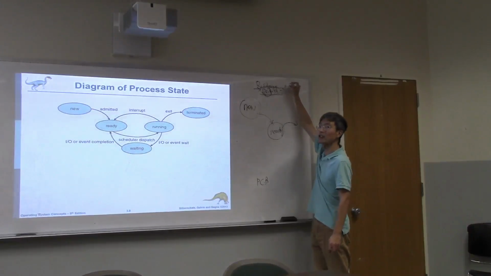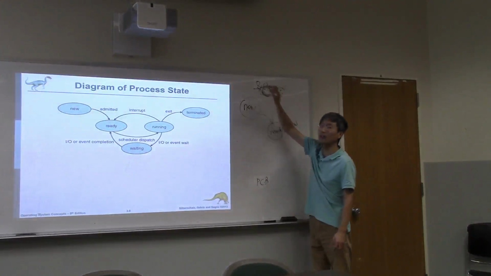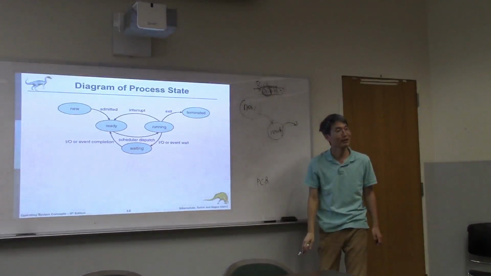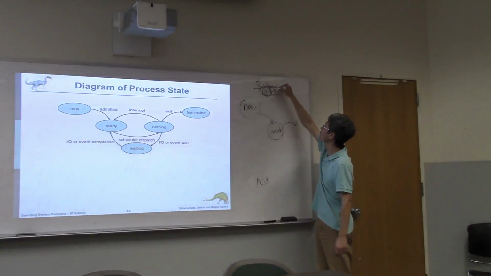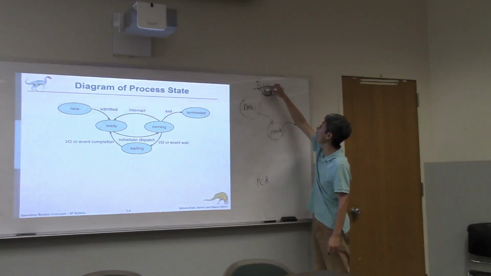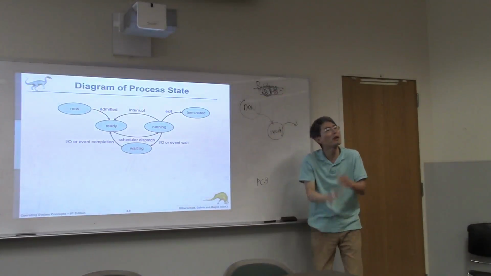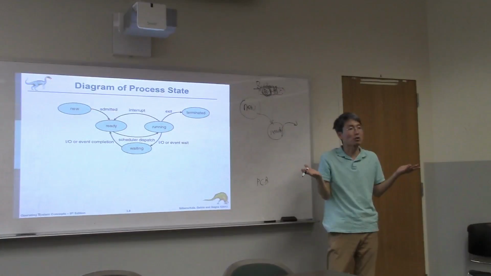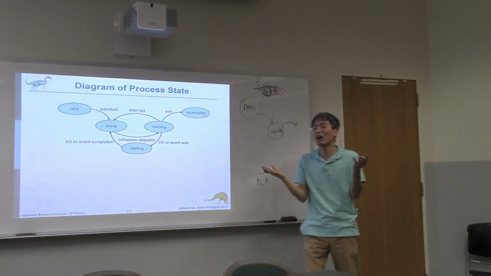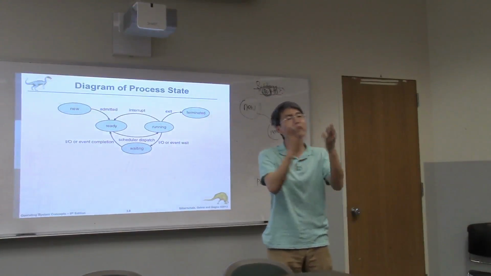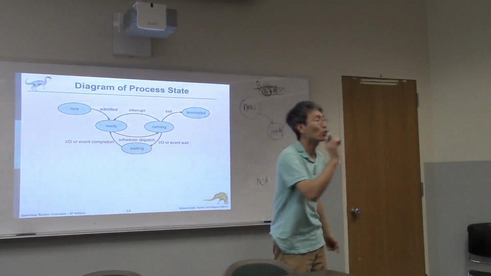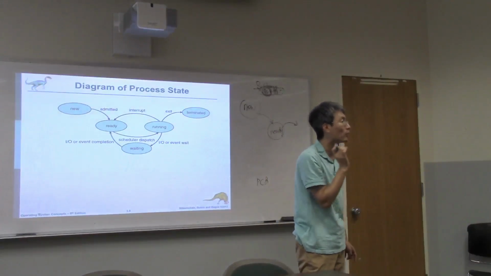So sometimes the CPU can select this one. Also process 1, but if this one is always important, P1 may not get the resource, right? So there are many different algorithms to select the proper process.